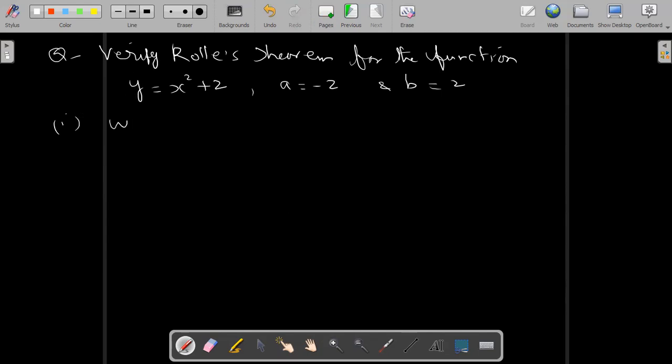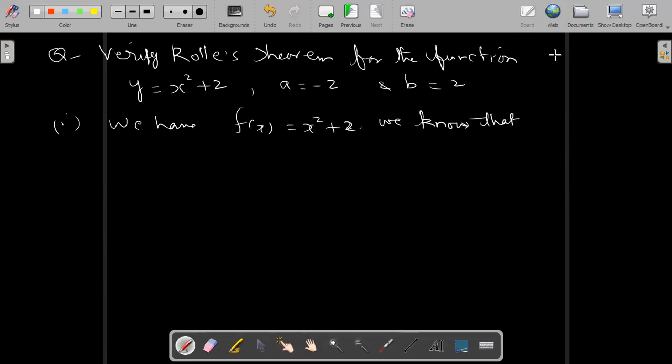Since we have f of x is equal to x square plus 2, which is a polynomial, and a polynomial function is always continuous, you just have to write the standard result, and then you can say it is continuous.